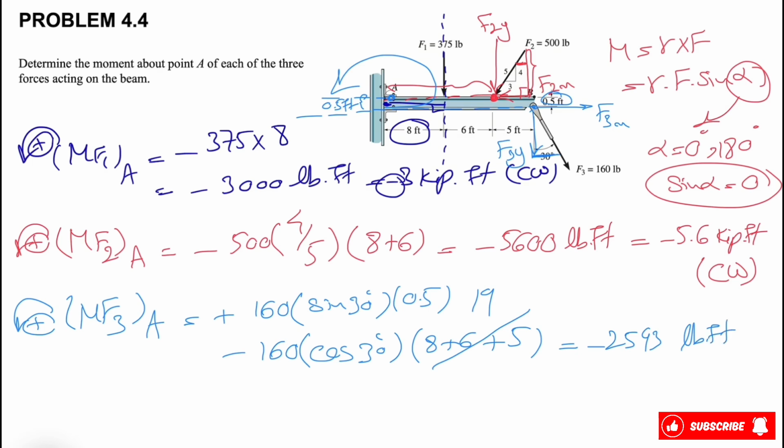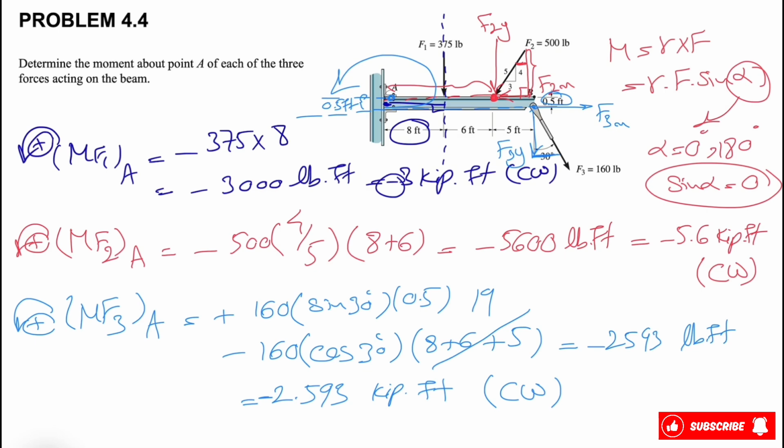And if you want to find it in kips, just divide that number by 1000, so we'll get 2.593 kip-foot. Since we got a negative sign, the moment is still clockwise. So that would be the final answer for this question.